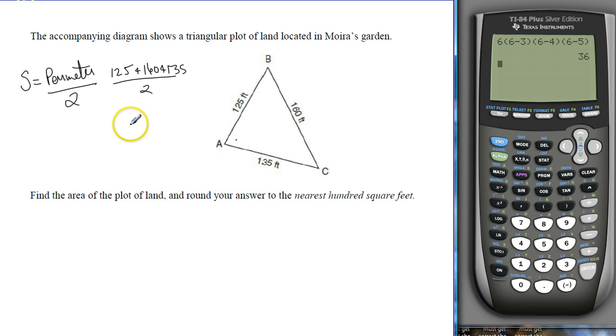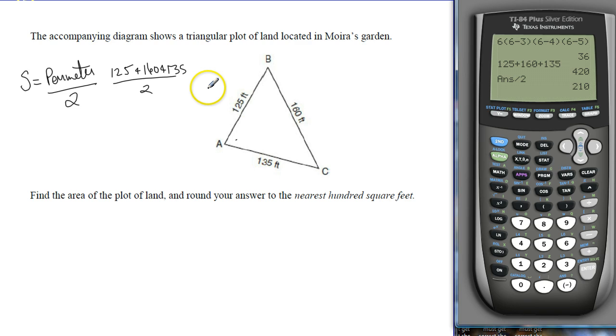Let's do that. 125 plus 160 plus 135. Enter. Divide by 2. Enter. 210. S equals 210.